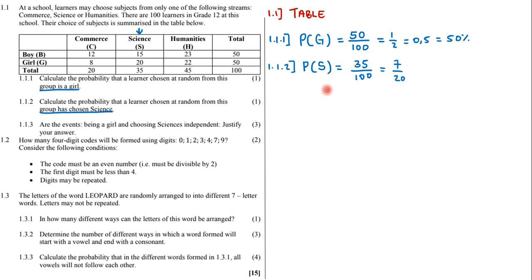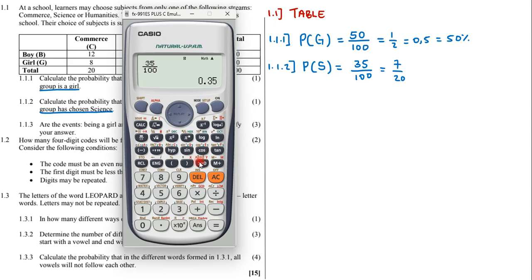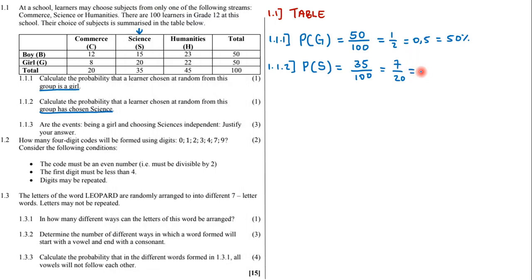That will be our answer. If you want to write it as a percentage, you can do that by changing it into a decimal, so you write it as 0.35, which means 35%. All right, that was easy.